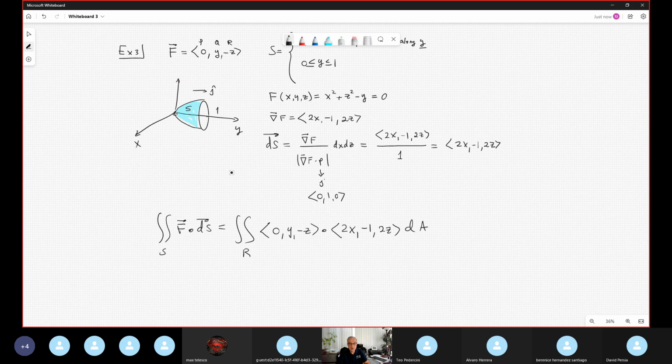And dA, according to this idea, is dx dz or dz dx. I don't know exactly what is the most convenient way to solve it. Okay, dot product: 0 times something is 0. This time this is -y. It's a double integral in the region R, and the integrand function is -y, this multiplication of this and this. And in this case minus 2z squared dA. Okay, cool.